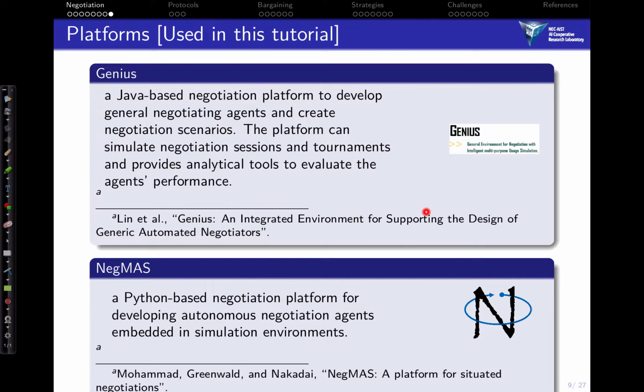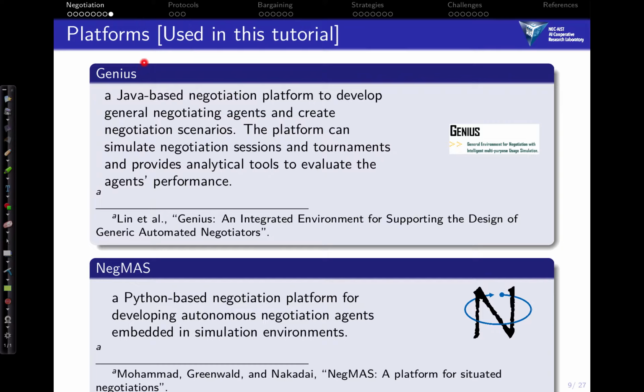So if you want to start working in negotiation, it's useful to have some platform to use, some existing tested platform that can help you build your protocols, your agents, and connect things together. There are two important platforms that we'll speak about. The most important, of course, is Genius, which is the oldest.